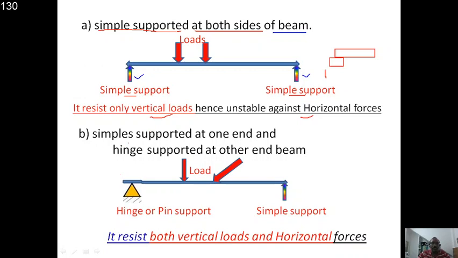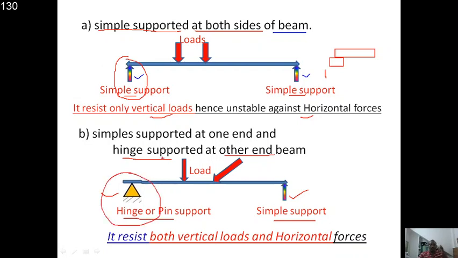And simply supported at one end, you see that here at one end it is a simple support, and the other end is hinge supported. Here you see this figure, here it is a simple support, but here it is a hinge support.